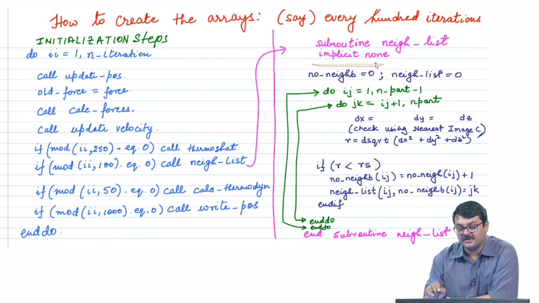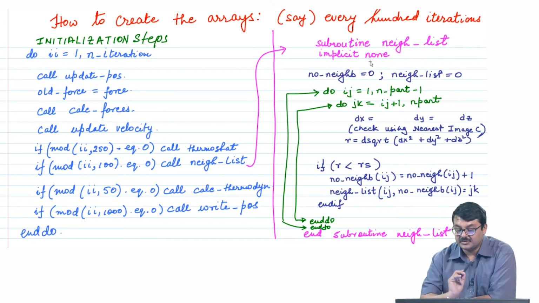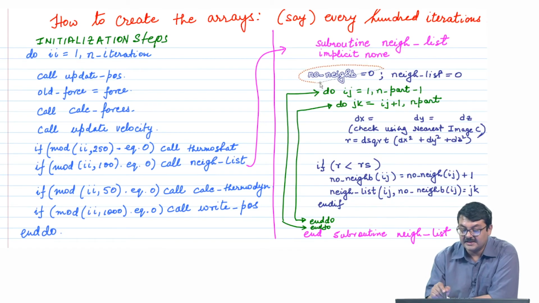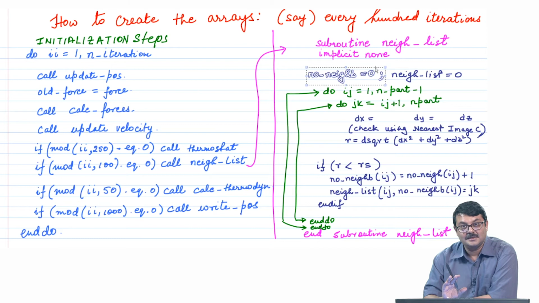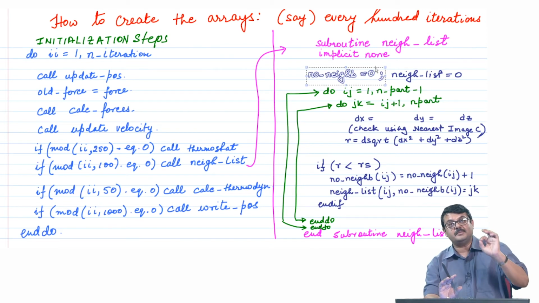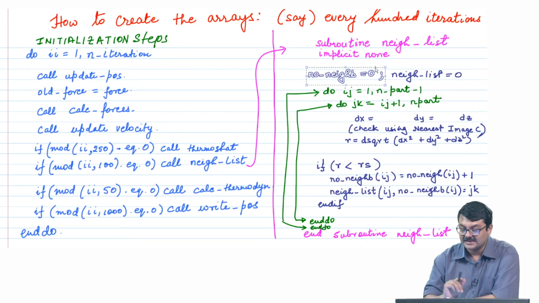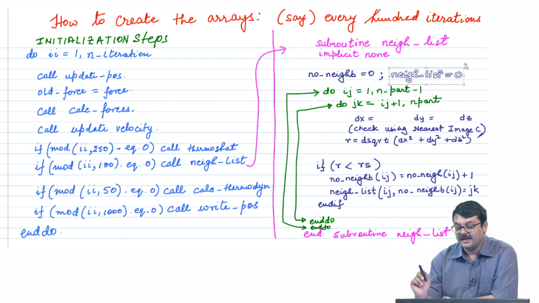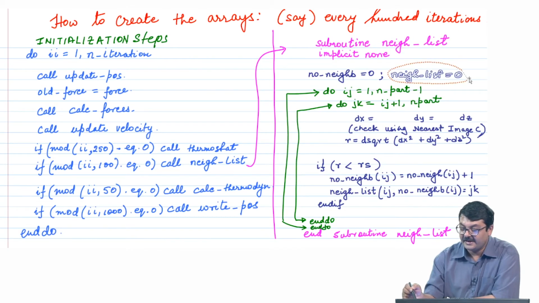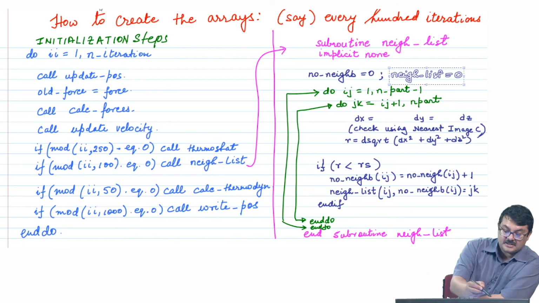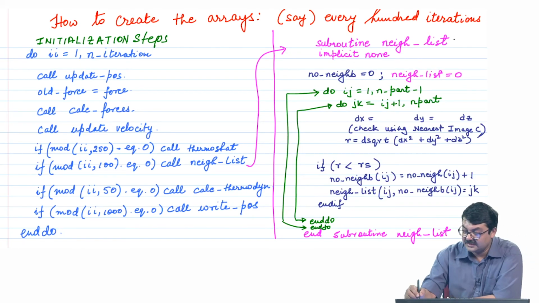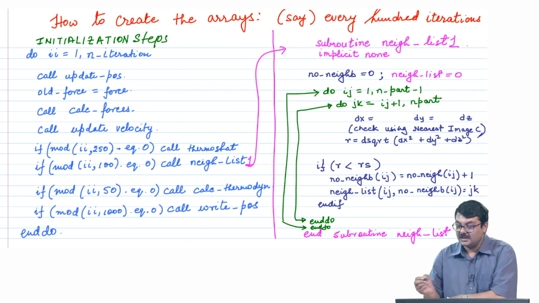Here you have to define all your variables, whatever internal variables you need, but most importantly for the neighbor list, what you need to define is the number of neighbors, this entire array, right, which stores how many neighbors each particle I has, 1, 2, 3, 4, how many neighbors each of these particles has, that you set to 0, and then the array list, which carries the name of the subroutine.